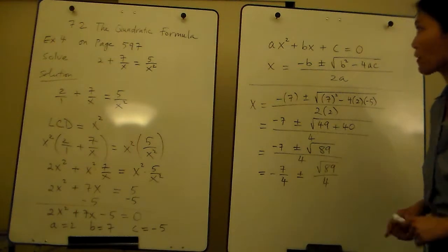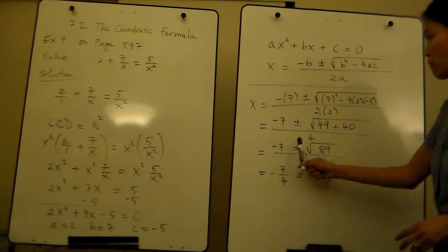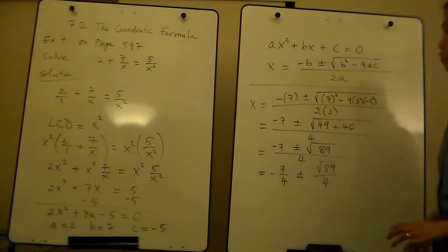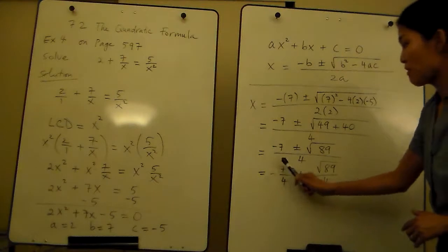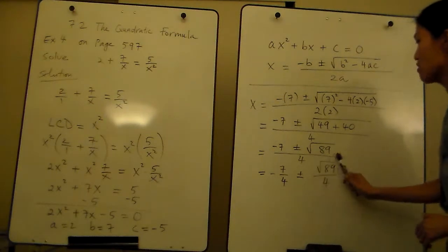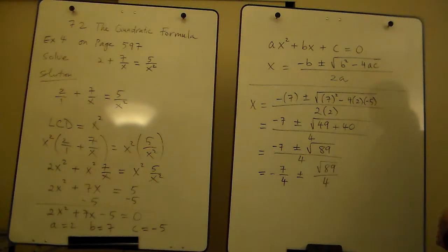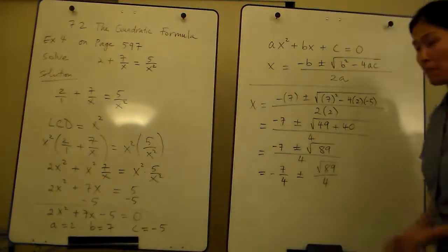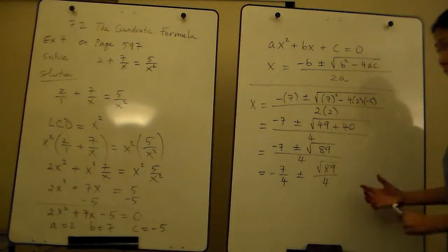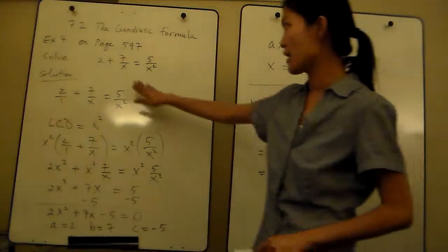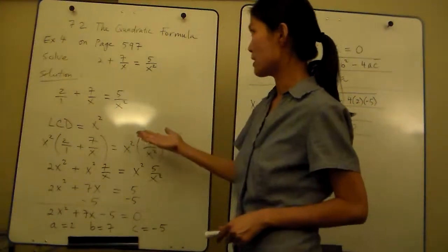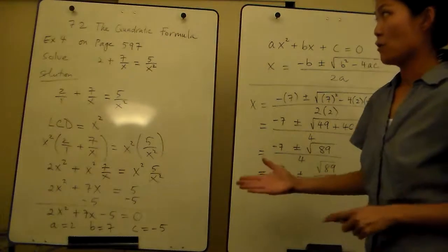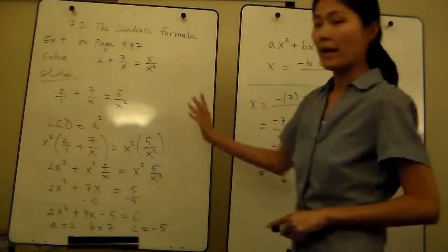So the answers are negative 7 plus or minus the square root of 89 divided by 4, or negative 7 over 4 plus or minus the square root of 89 divided by 4. They are solutions to this equation, and you can check by replacing x in the equation, simplifying, and you should get the same value for the left hand side and the right hand side.